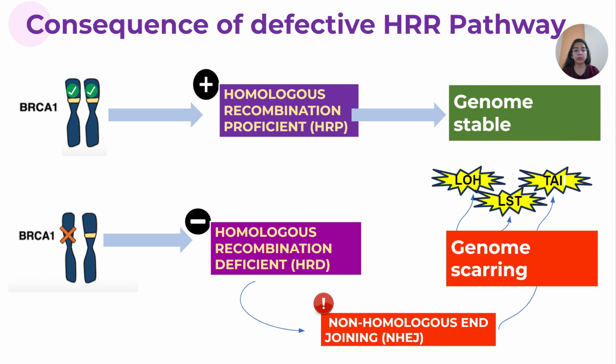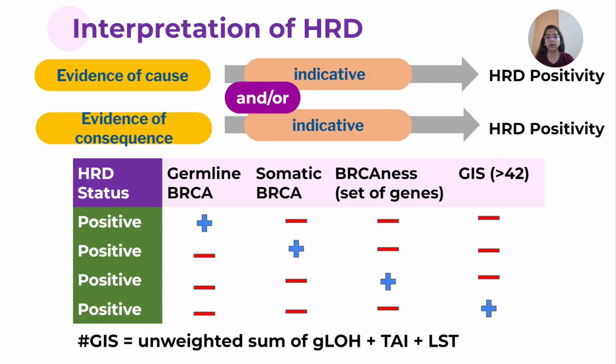Since this pathway is highly error prone, it could lead to genomic instability, which is often measured in terms of three parameters called LOH, loss of heterozygosity, LST, and TAI. The sum of these three parameters is known as the genomic instability score.